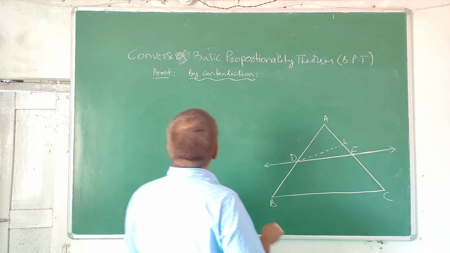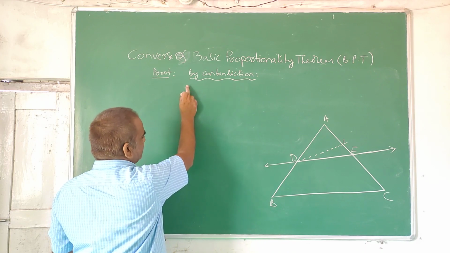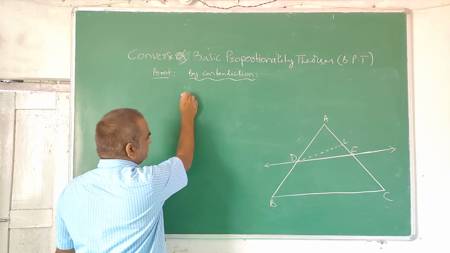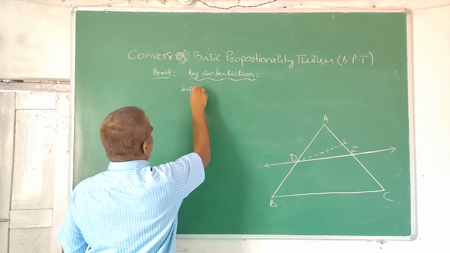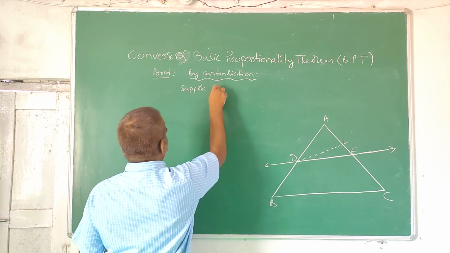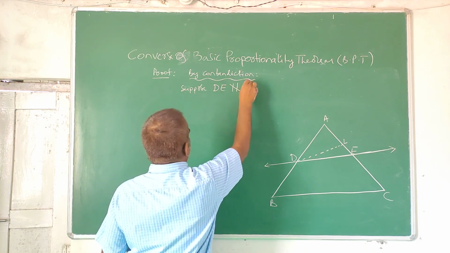So now I am assuming that my actual conclusion, DE is parallel to BC, is wrong. So suppose DE is not parallel to BC.